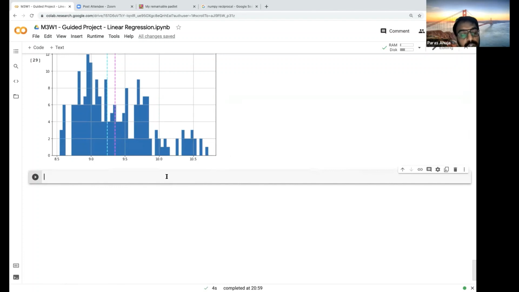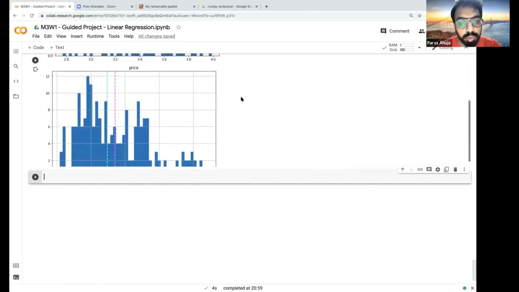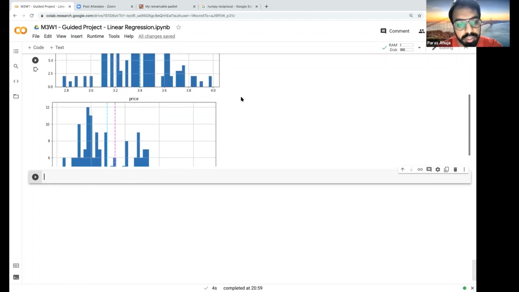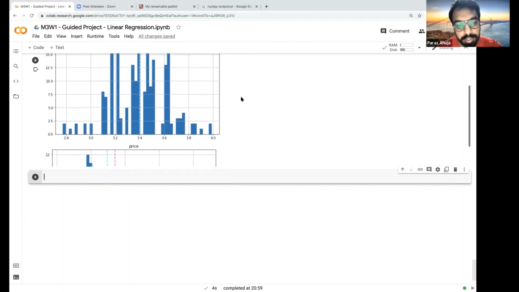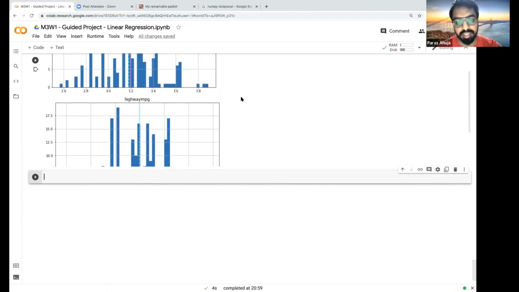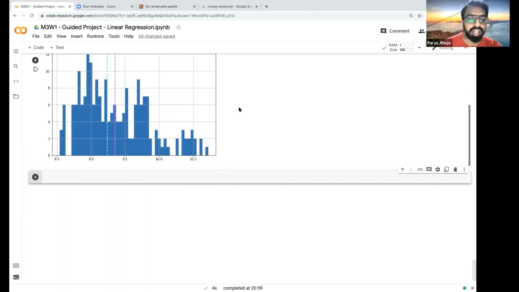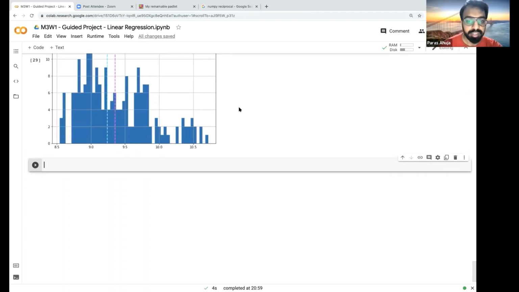So we'll try to understand through graphs how these columns, the different columns that we have seen and log transformed, change or impact our prices. And is there some other logical step that you think we should be doing before that? Please do let me know.